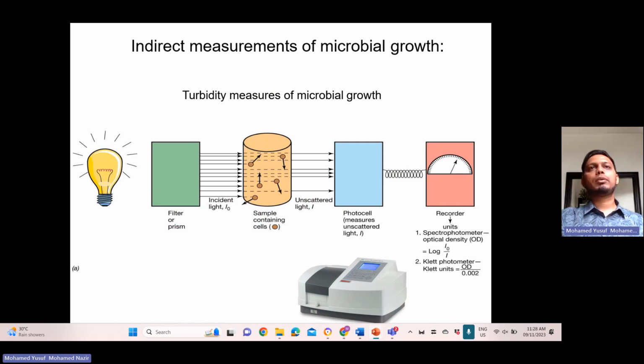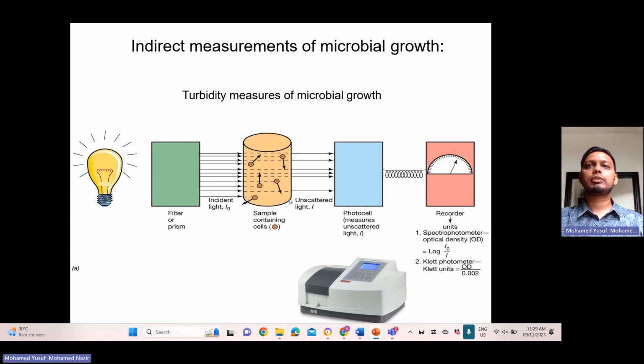This is another way to measure microbial growth, through the turbidity of the cell suspension. We can use a spectrophotometer. We need to know which wavelength in nanometers is suitable for detecting the cells. Normally the common wavelength used for detecting microorganisms is 600 nanometers. So the light will pass through the culture.